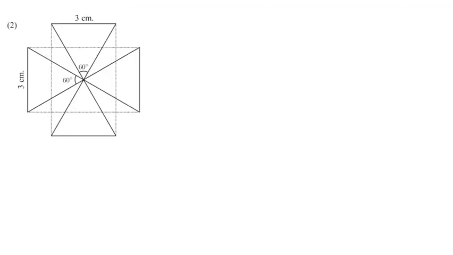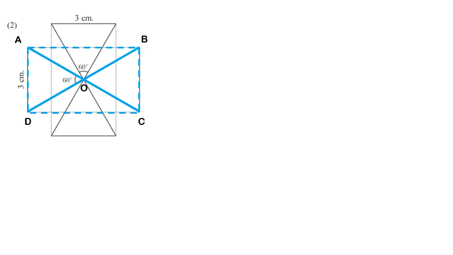Question number 2. Children, in this figure, they have given two rectangles with the measure of its breadth and the angle between two diagonals. When we consider the rectangle ABCD and its diagonals, we know O is the intersecting point of the two diagonals.